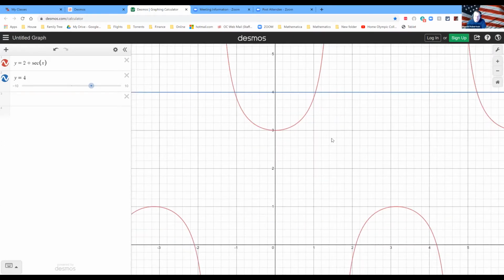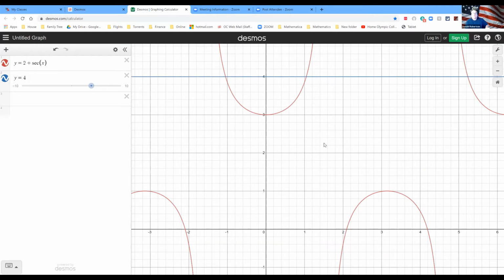Maybe too much zooming. There we go. The guy that we are interested in is this piece here, right? That's the secant, that's the y equals 4. So you can imagine this area in the middle here that looks like a boat. So I'm drawing, I'm attempting to draw anyway, what that might look like. And you'll see it in a second.